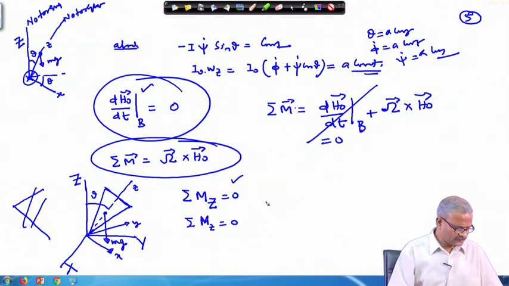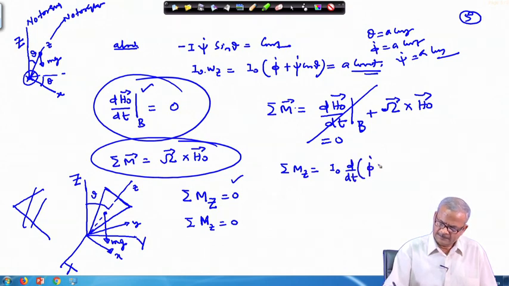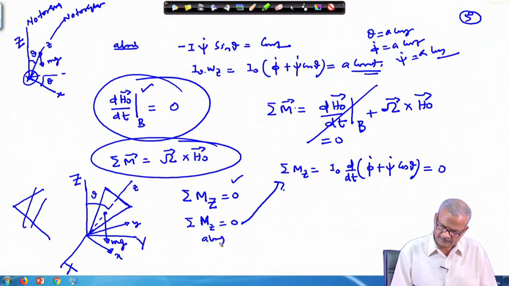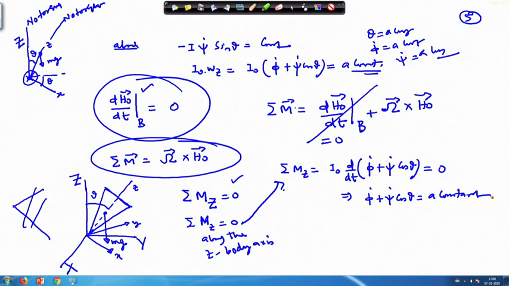So, if we try to work it out, E m z, this equation we have written as I 0 d by dt of phi dot plus psi dot cos theta. If this quantity is 0, this particular one is along the z body axis. So, this implies that phi dot plus psi dot cos theta will be a constant.